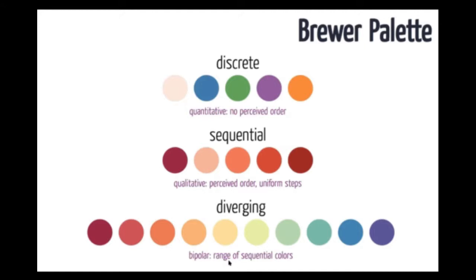Why am I talking about these kinds of things? One, the Brewer palette has a lot of really great colorblind safe, accessible options. And the second reason that I'm talking about when you use these kinds of colors is because accessibility is not just about accessibility for blind people.